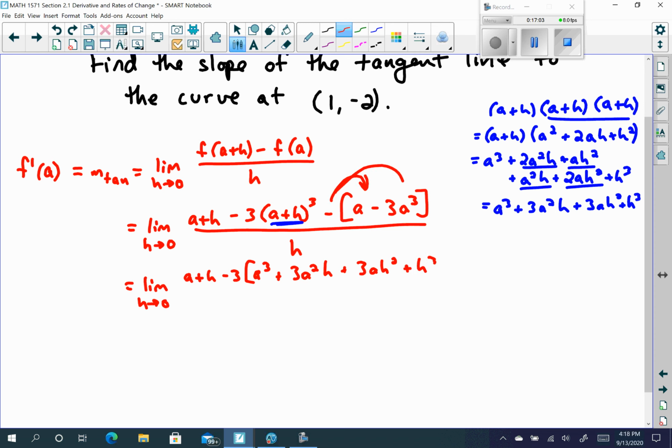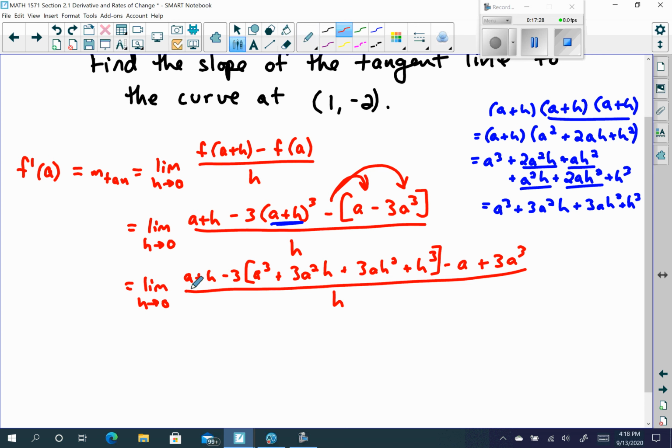Distribute this negative sign carefully. Let me write that better. So we're going to have a minus a plus 3a cubed. Now what you guys have seen throughout these problems is stuff starts to cancel, but I need to close my bracket after this and then over h. So I have to distribute the negative 3 next before I start to cancel things out.